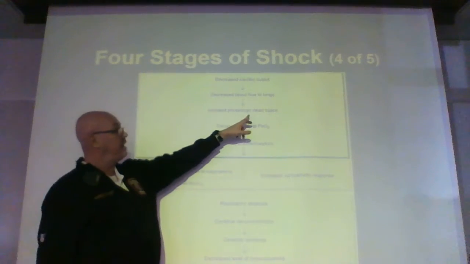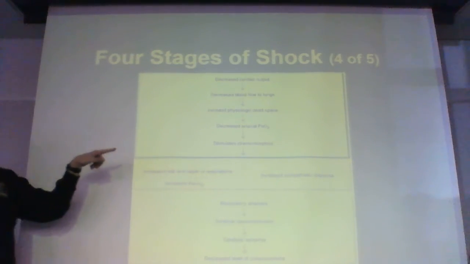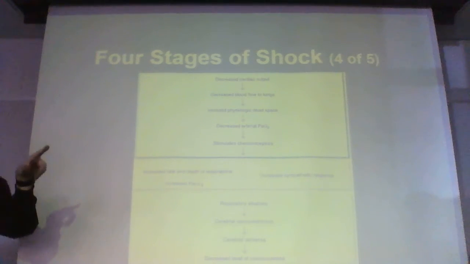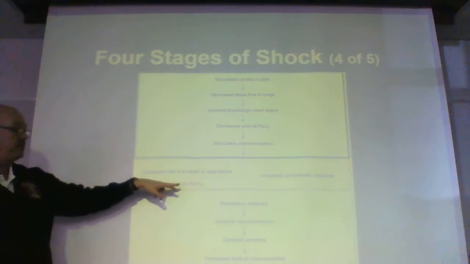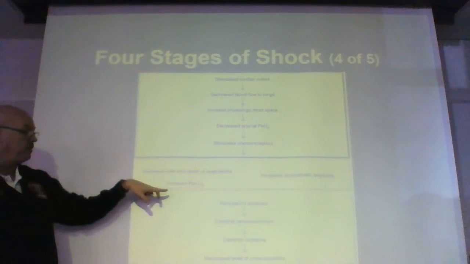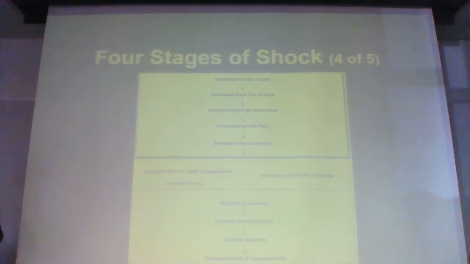So this increase in physiological dead space causes a decrease in our O2 levels, which then stimulates our chemoreceptors to tell us to breathe faster and deeper, right? Because we're trying to increase the PO2 and decrease the CO2, but instead we're getting an increase in CO2. Why? It's the same reason. We're not exchanging the gases.